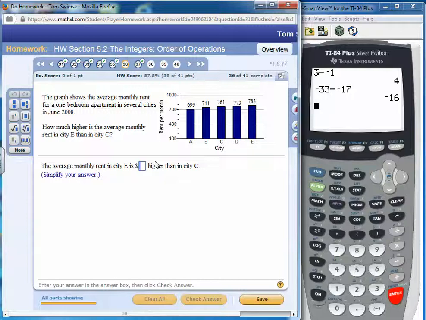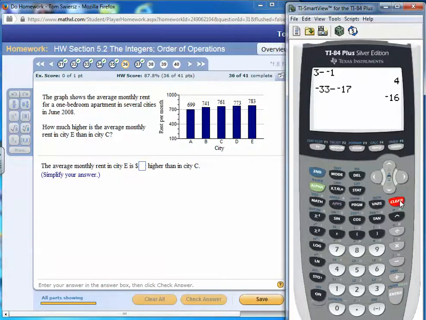The graph shows the average monthly rent for a one-bedroom apartment in several cities in June 2008. How much higher is the average monthly rent in city E than city C? So again, we look at the chart and it's just a simple subtraction, right, to find out what's higher.